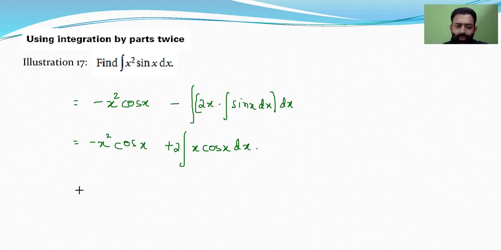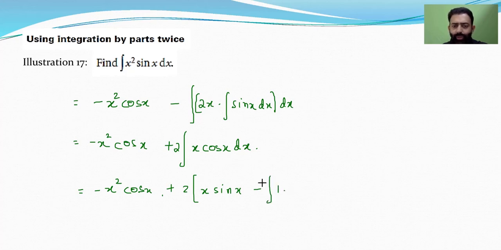Okay, so now it is minus x square cos x plus 2, I can take outside. Again, I am applying integration by parts. So first function is x, it will remain as it is. Integral of cos x is sin x. So it is x sin x minus, derivative of x is 1, right? So integral of 1 into integral of cos x, which is sin x, dx. Okay.